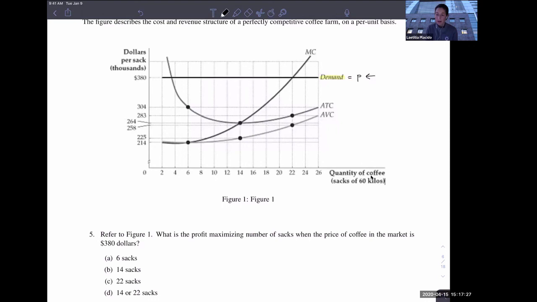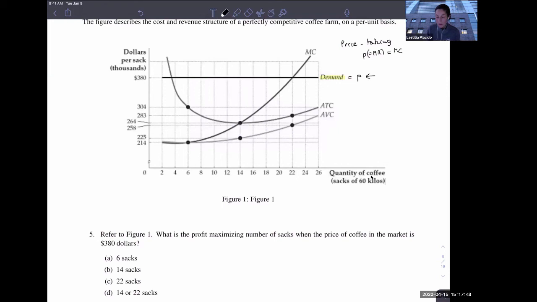Okay, because we are dealing with a price taking firm, you can also say that the rule is price equals marginal cost. So we'll say that P, which is marginal revenue, equals MC.